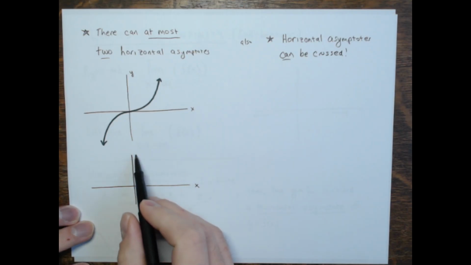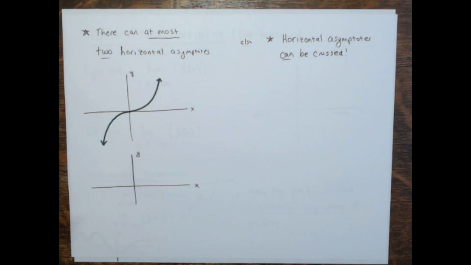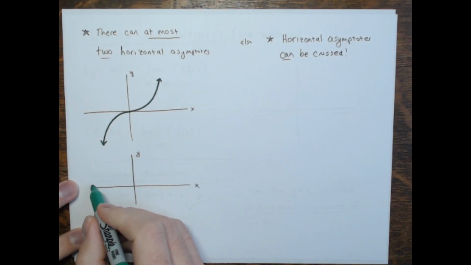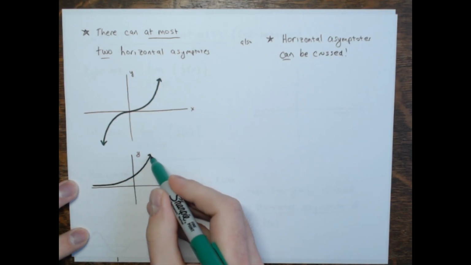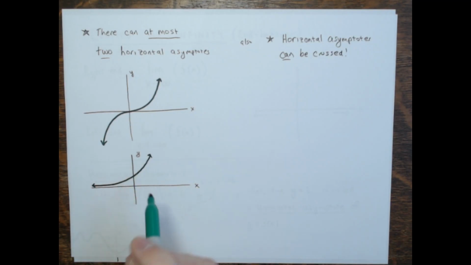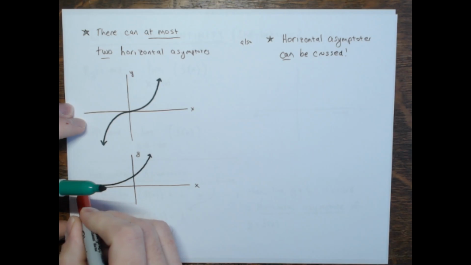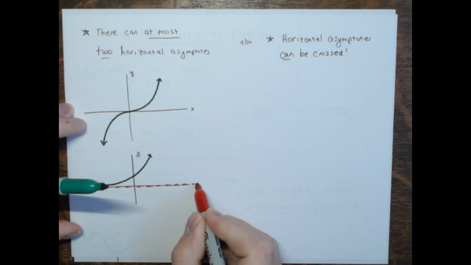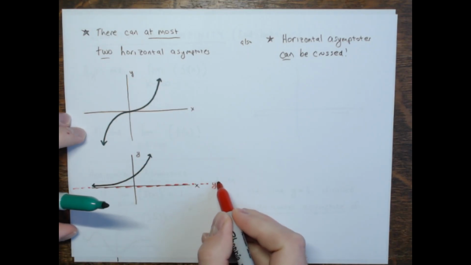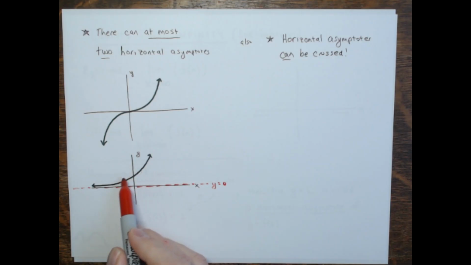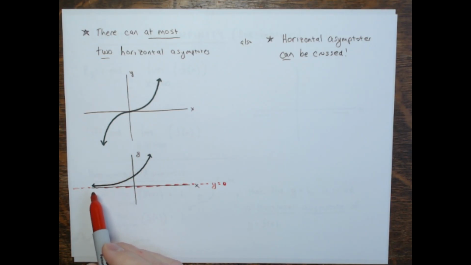So here's an example of one that would have just one. So maybe your exponentials, like here's some exponential function with a base larger than 1. The horizontal asymptote, I'll just dash it in here, will be the x-axis, y equals 0. Right, so on just the one end though.